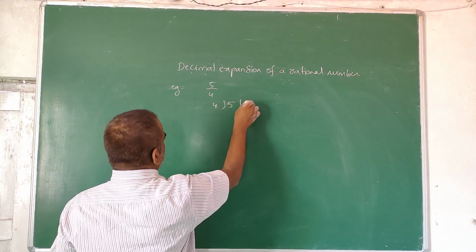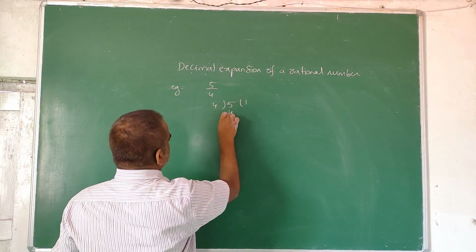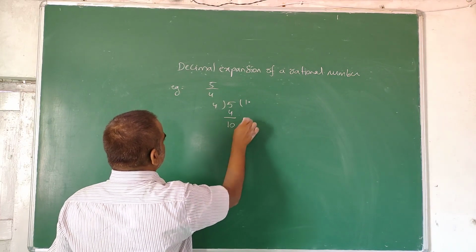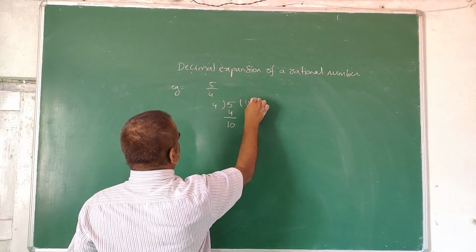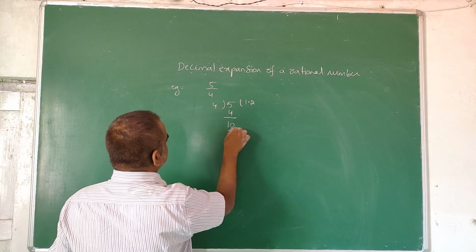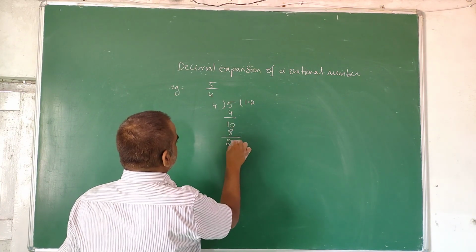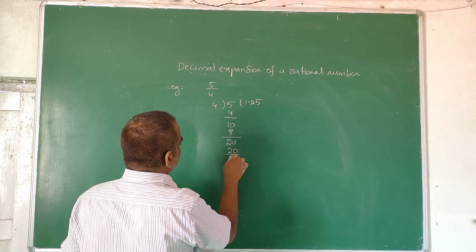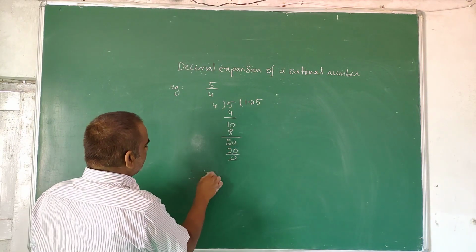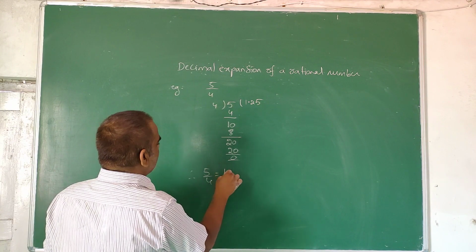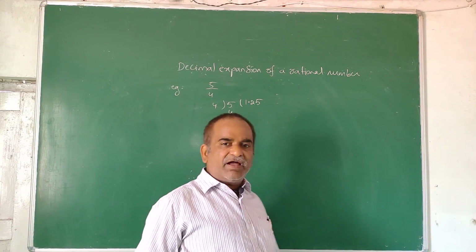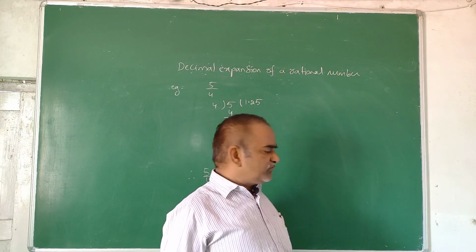5 by 4: 4 ones are 4, 5 minus 4 is 1, then 0. 4 twos are 8, 2 0, 4 fives are 20, 0. Therefore 5 by 4 is equal to 1.25. So the decimal expansion of 5 by 4 is equal to 1.25.